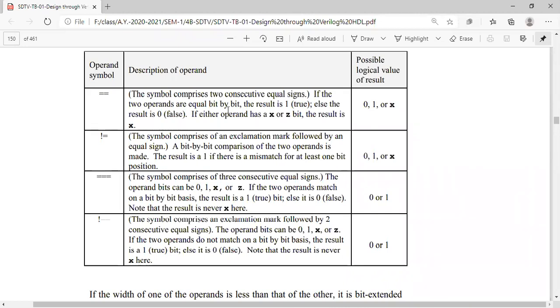It will be comparing bitwise. So see here, we will be comparing these bits, A of 3 down to A of 0 with B of 3 down to B of 0. If the inputs are either 0 or 1, we will be comparing them.